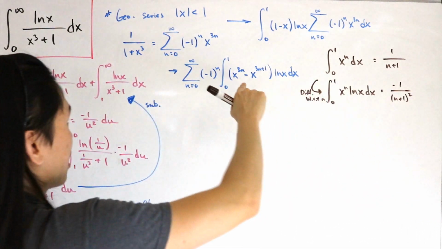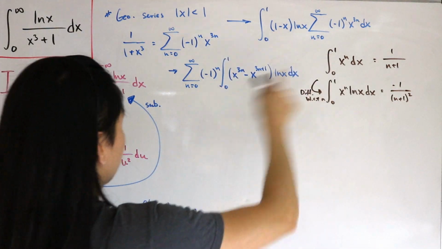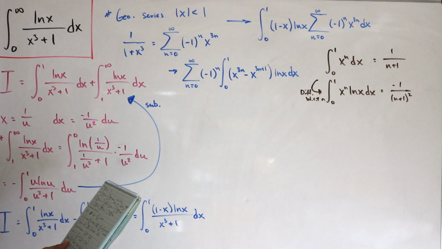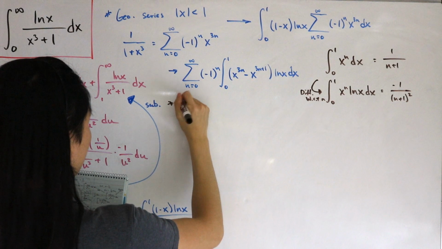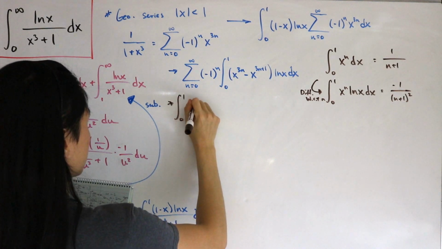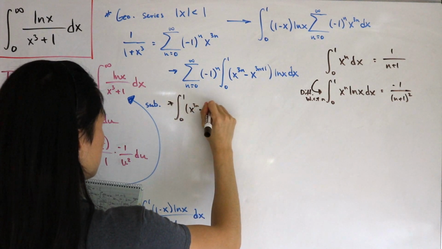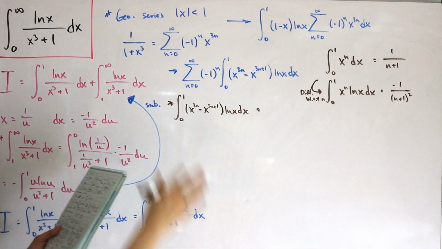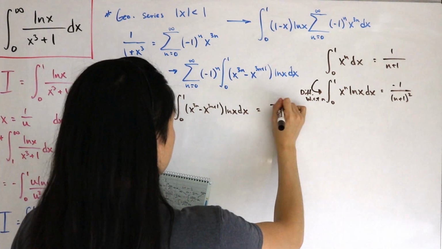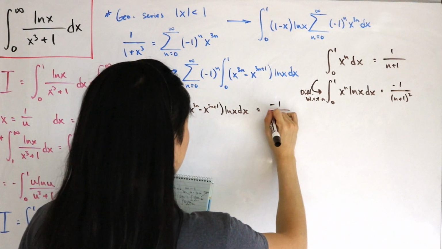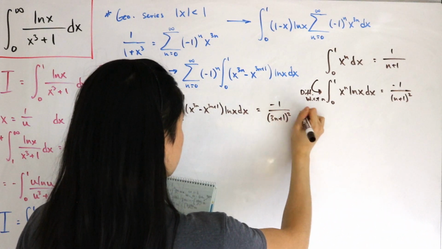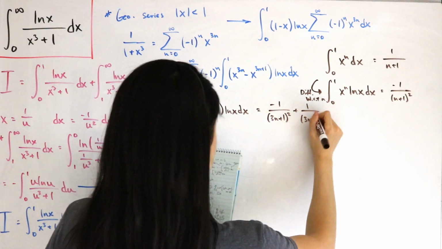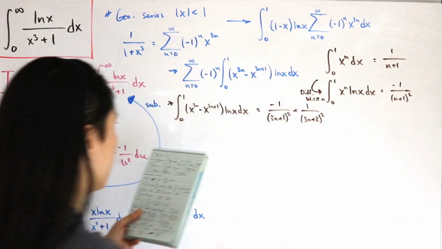With this in mind, if we put the pieces together with our exponents, we can get something of this form. That's the next step we're going to do. I'm going to put a star over here. The integral from 0 to 1 of x to the 3n, subtract x to the 3n plus 1, times ln of x dx, is, putting everything back together, negative 1 divided by 3n plus 1 quantity squared, added with 1 divided by 3n plus 2 quantity squared.